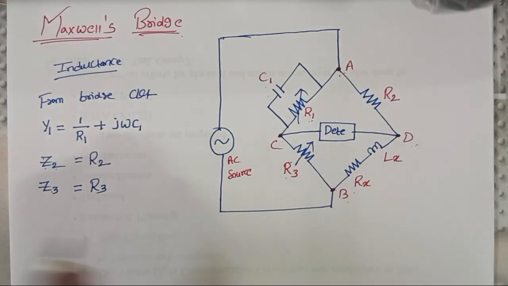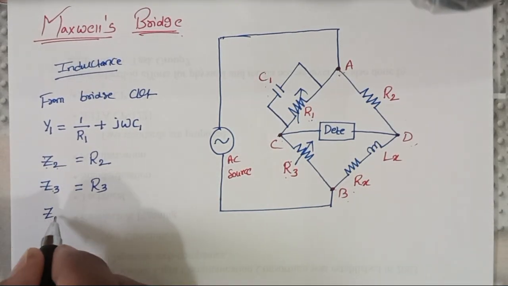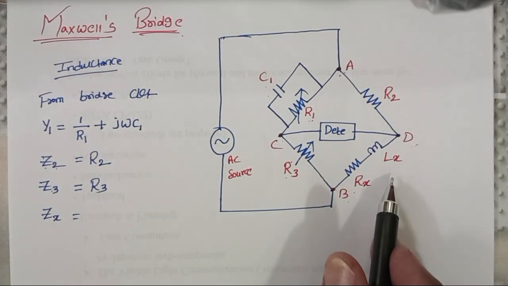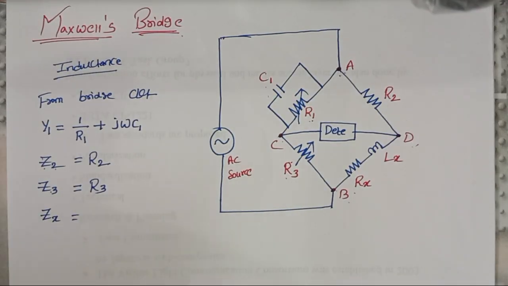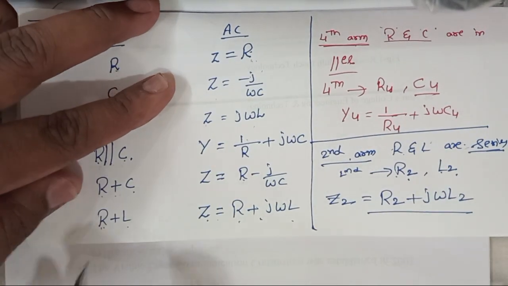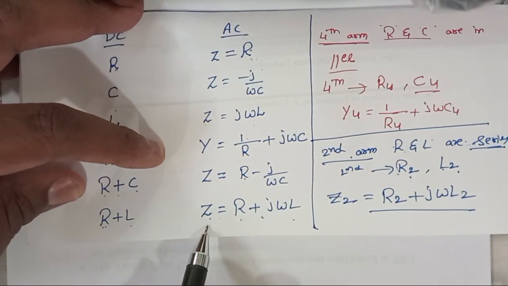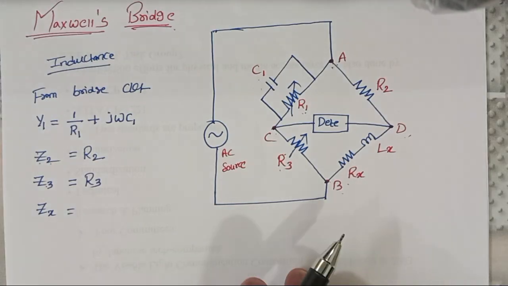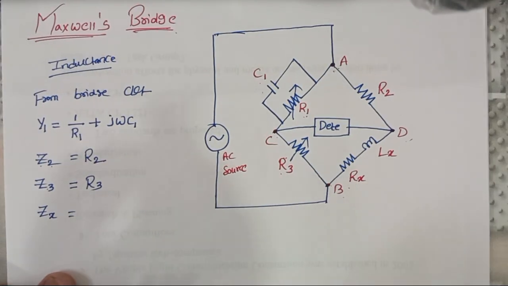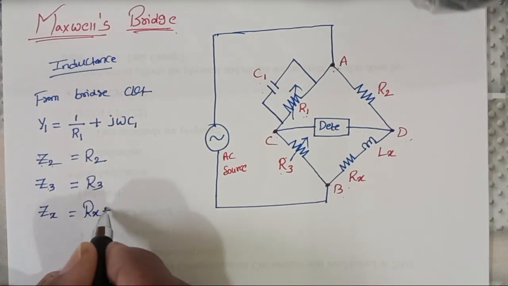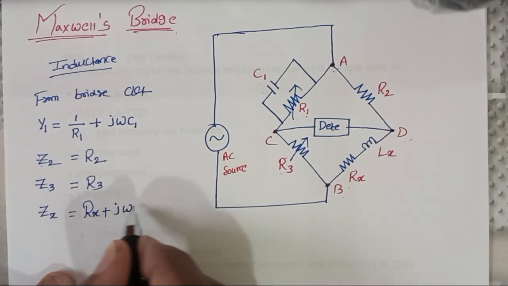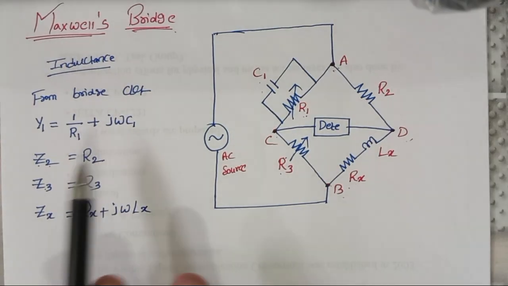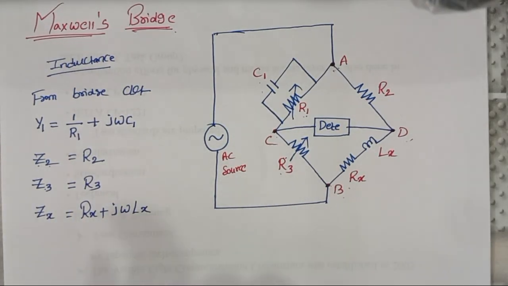The fourth arm has R and L in series, and whenever R and L are in series, Z equals R plus j omega L, so Zx equals Rx plus j omega Lx. These are the impedances of the four arms.